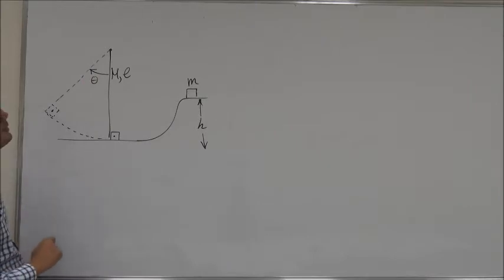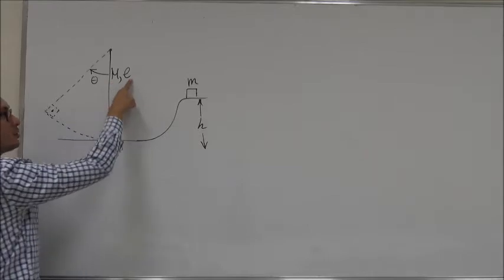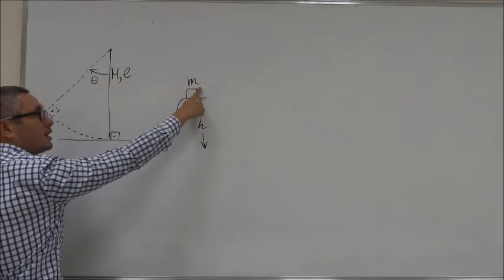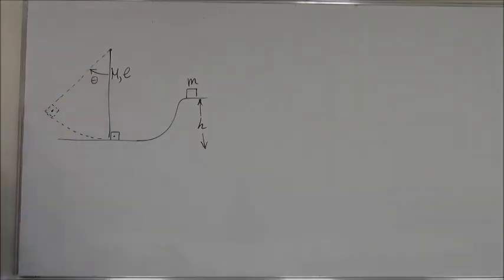The question is, if you know the mass of the rod, the length of the rod, the block mass, and the height of the hill, what is this maximum angle theta that the rod with the block attached to it will make?